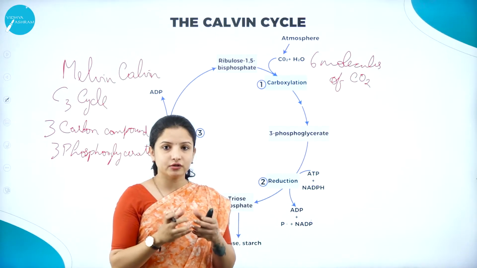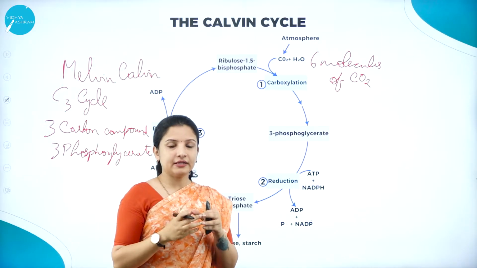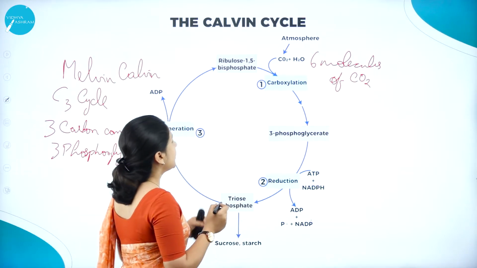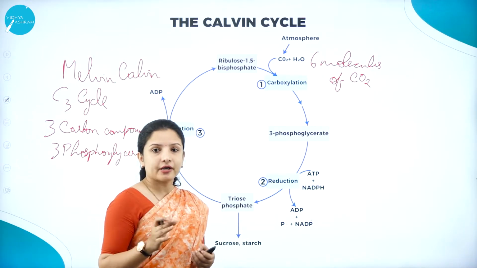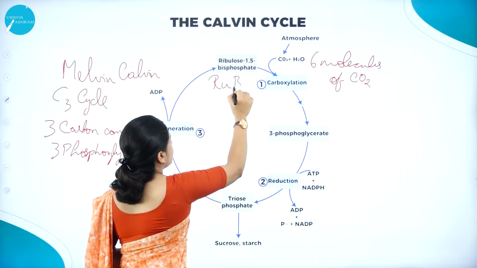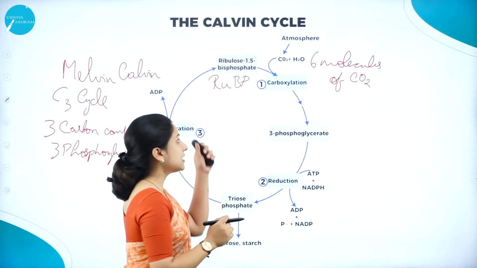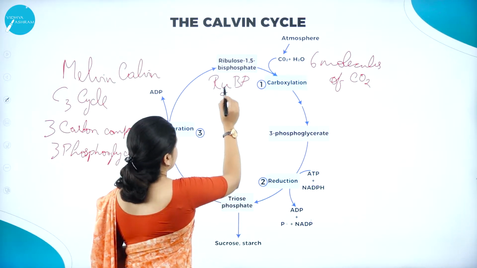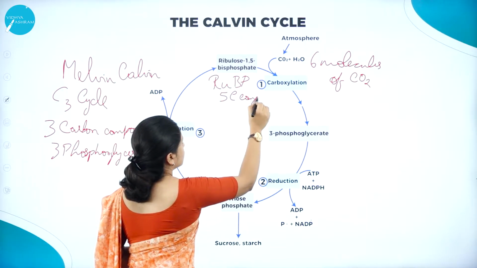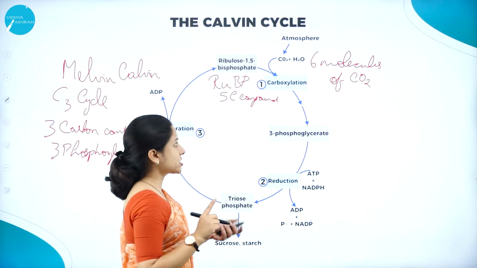These 6 molecules of carbon dioxide will be taken in by the plants, and for this, one particular compound will help. It is called RUBP, which is ribulose 1,5-bisphosphate, and it is a 5-carbon compound. So what did we understand under carboxylation?